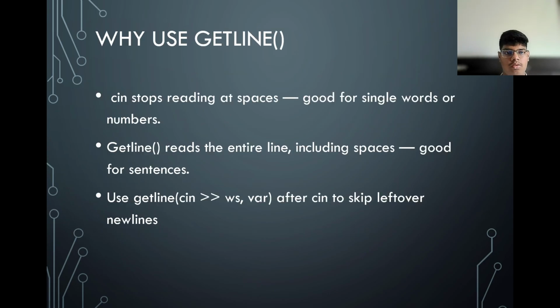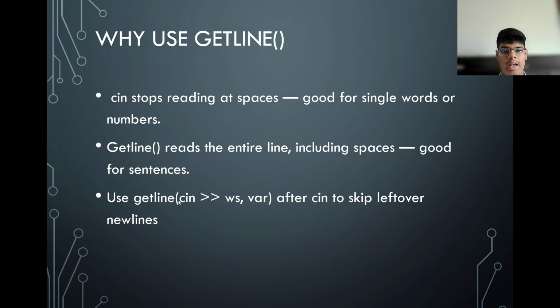Next, why were we using the getline function back there? cin stops reading at a space. My name is Nishchay Gupta, and when I am entering my name, I will use a space between my first name and surname. But cin will stop at my first name because I have added a space after it. So we use getline. This reads the entire line until we press enter.